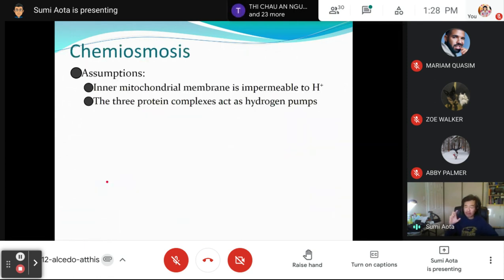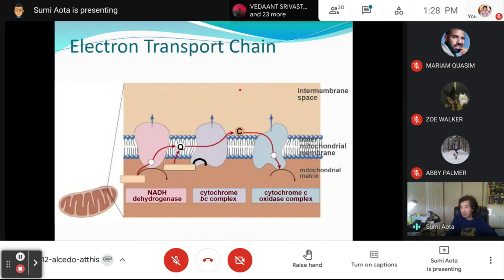The process of synthesizing ATP from the power of electrons is called chemiosmosis. It assumes that the mitochondrial membrane is impermeable to the hydrogen ion. So hydrogens get split from the electron, and then the hydrogen ions get moved across these membranes.